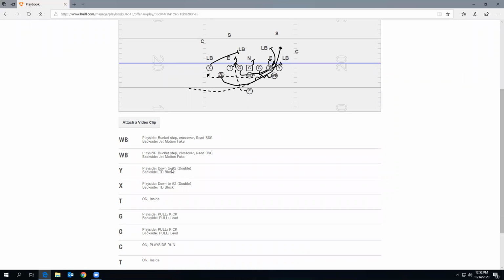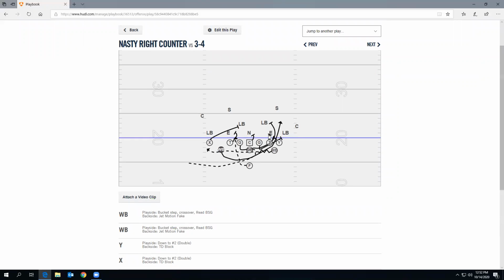So Y, if you're on the play side, you're going to go down. If there's someone in your gap, you're going to block down on them and try to wash them down as far as you can. If there's no one in your gap, then you're going to go down to the first backer inside, FBI. So your rule is really simple, down to backer. If there's someone head up on you, that's the guy we're kicking out.